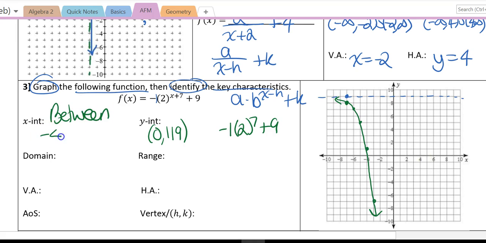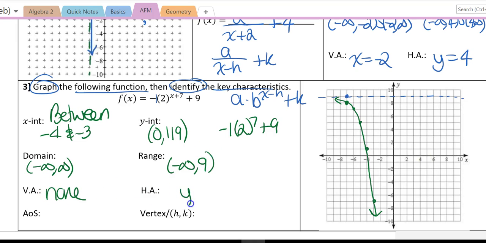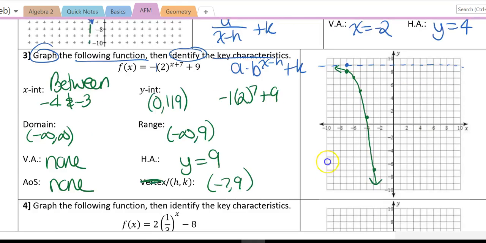And it's between -4 and -3. Domain, all the numbers. Range is from -infinity all the way up to 9, not included. There's no vertical asymptote. There's a horizontal asymptote, y equals 9. No axis of symmetry, and the HK from -7 and +9.